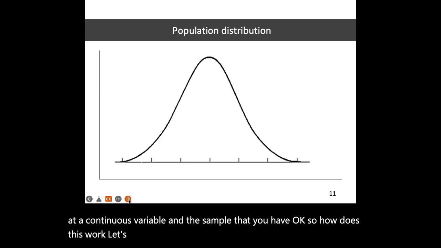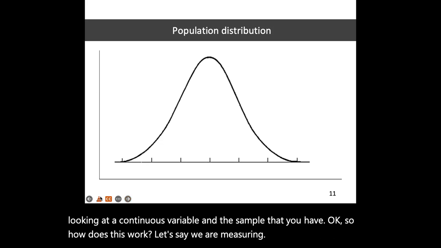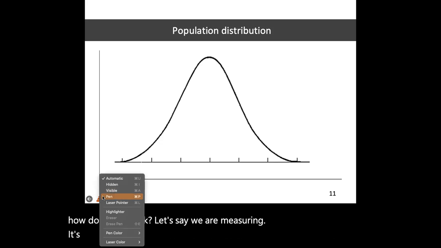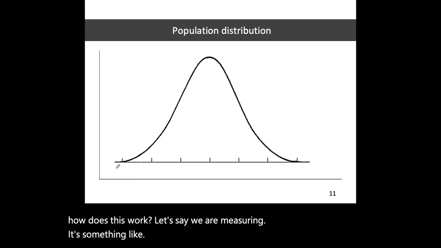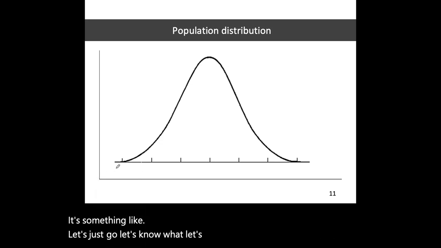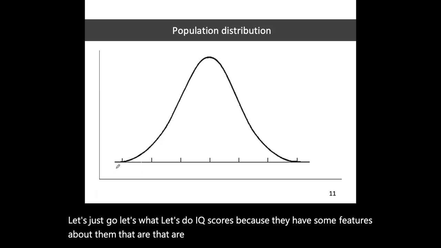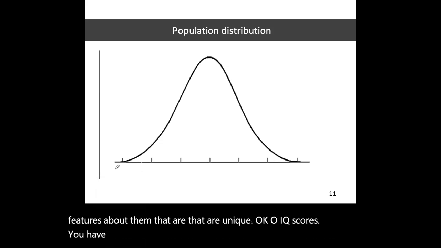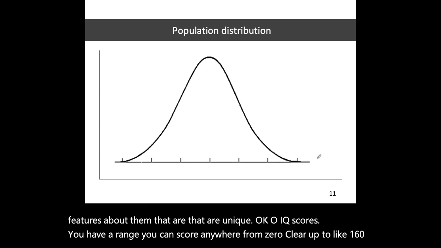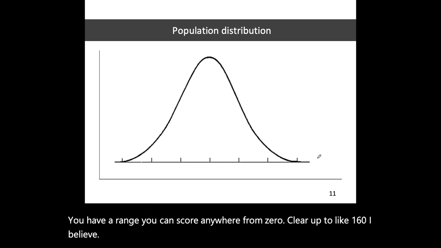Let's say we are measuring something like, well, you know what, let's do IQ scores, because they have some features about them that are unique. Okay, so IQ scores have a range. You can score anywhere from 0 clear up to like 160, I believe, sometimes even higher.